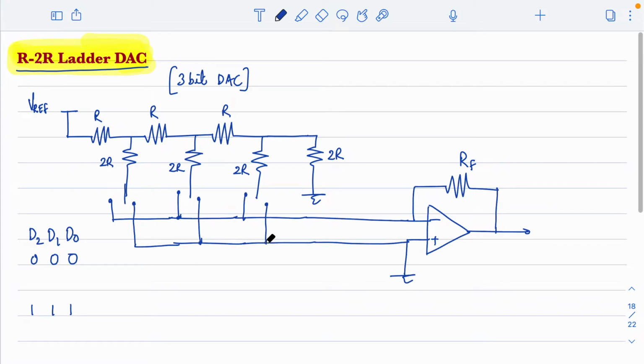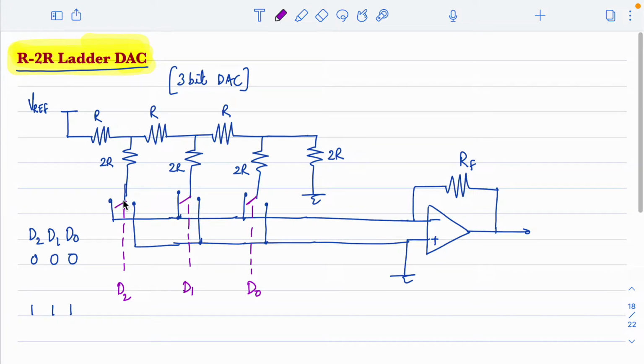So depending on the input digital data, the data will be presented at this point. This is the D2 location, this is D1 location, and this is D0 location, right? So depending on the input digital data, the switch here will be connected either to this node or to the other node.